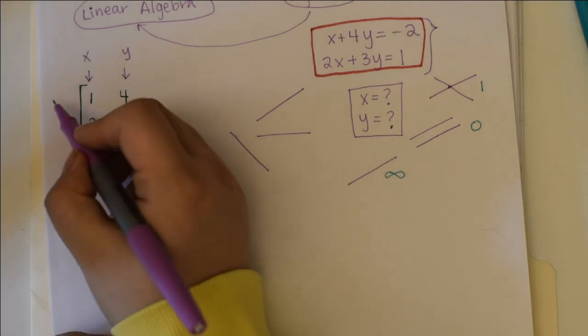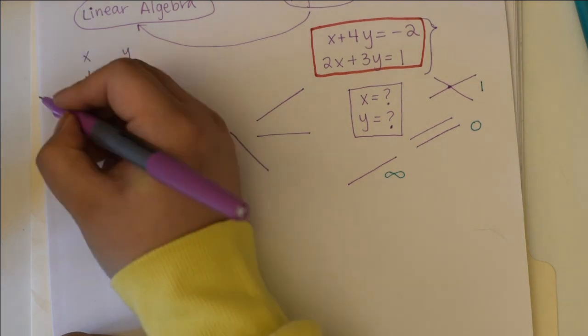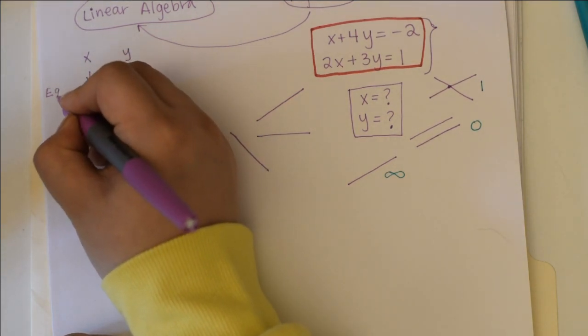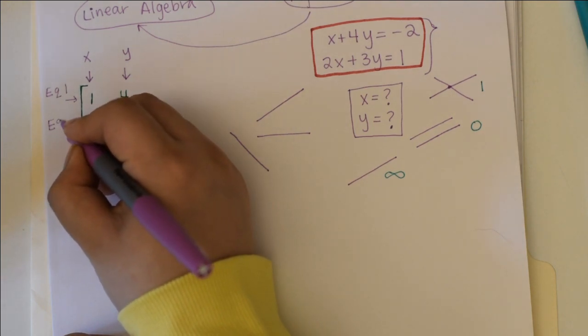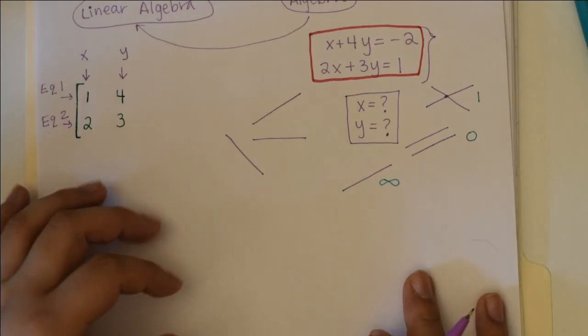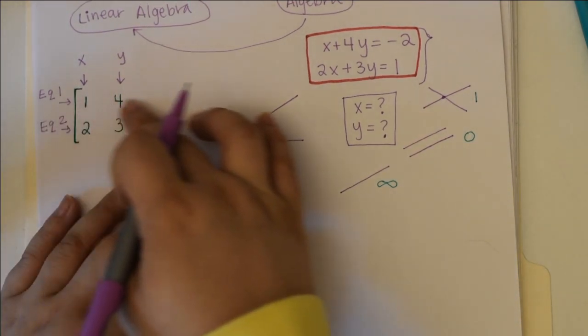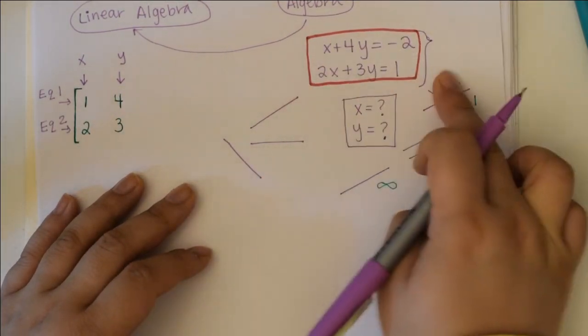And going this way, we have our equation 1 and our equation 2. See that? So it's nice and pretty.